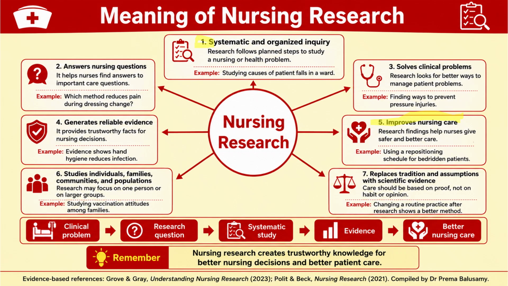Coming to the next, nursing research may focus on different groups like individuals, families, communities, or populations. It can focus on one individual or on larger populations. Example: studying attitudes or knowledge related to vaccines among family members.